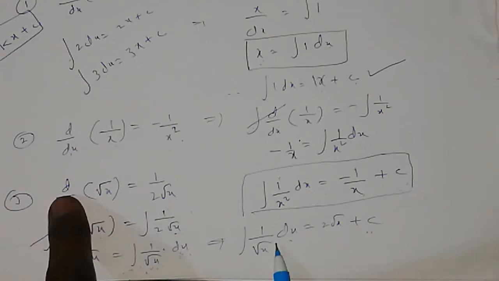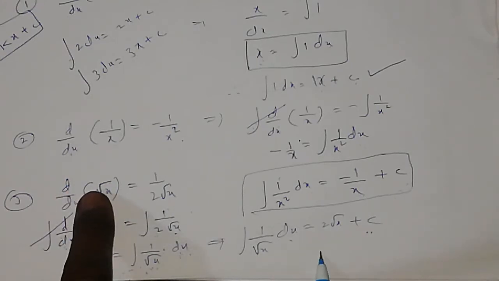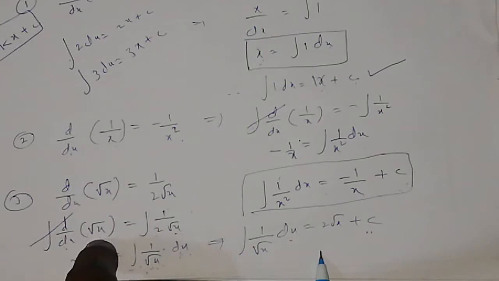So integration of 1 by root x dx is equal to 2 root x plus c. Every time we have to write the constant. Like this, we can find the integration formulas from the differentiation formulas.